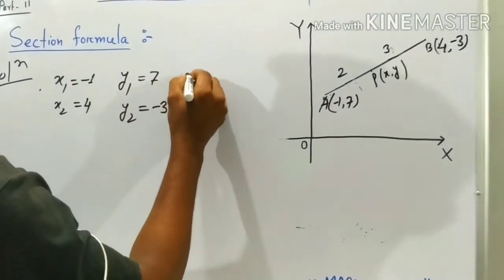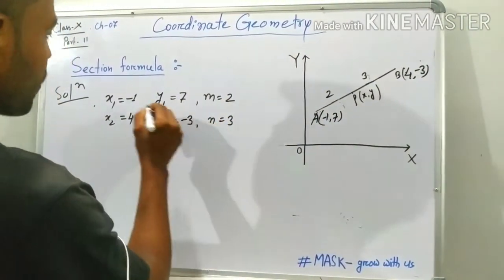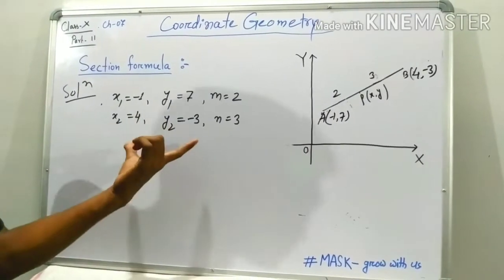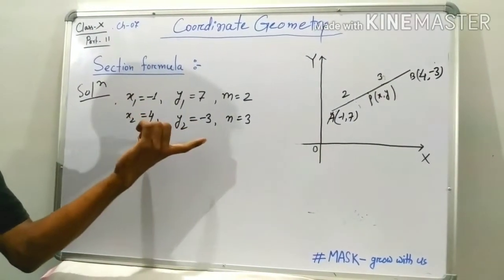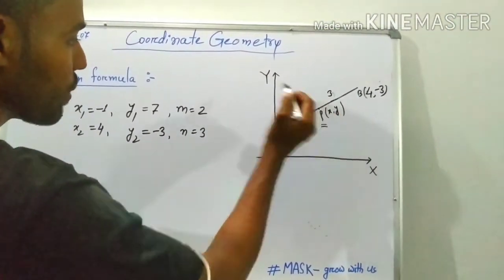And here m is 2 and n is 3. So we are given all these 6 things, and with the help of these we can calculate the position of this point P.